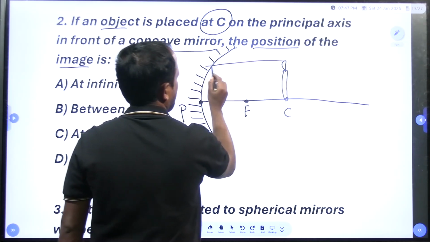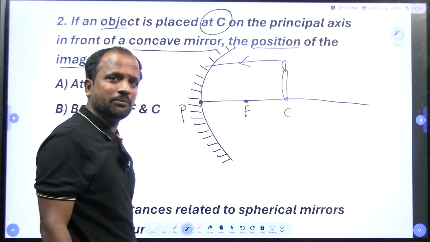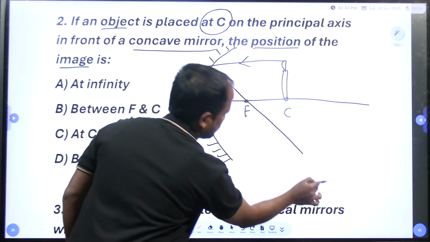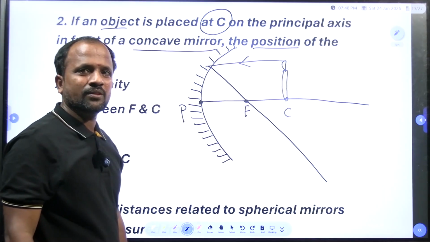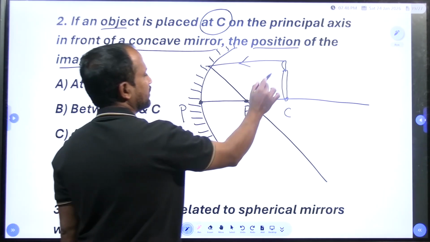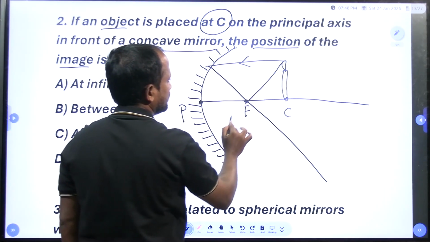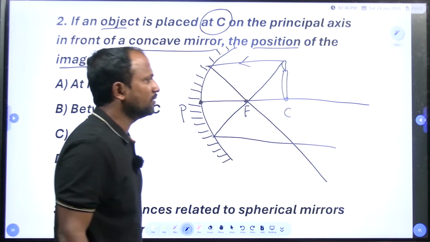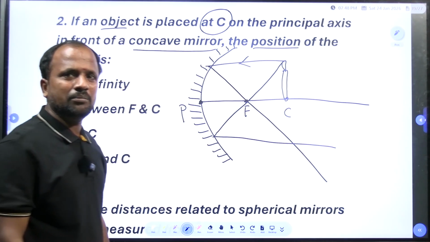First, one ray passes parallel to the principal axis, and after reflection the ray passes through the focus. Next, one more ray: I am taking the ray passing through the focus, and after reflection it passes parallel to the principal axis.